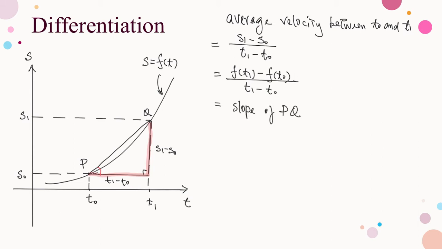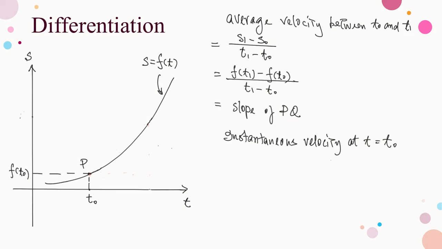We know that the average velocity is an approximation. The instantaneous velocity of this particle in this region is probably different from the average velocity. Sometimes we need an accurate answer for the velocity, say the instantaneous velocity at the time t0. How to find it? What is the geometric interpretation?